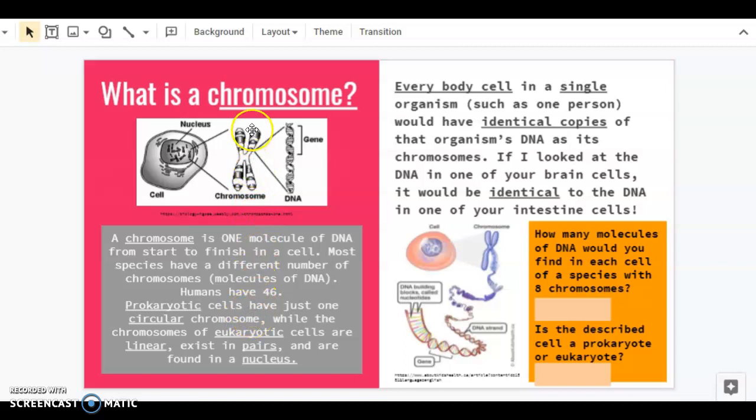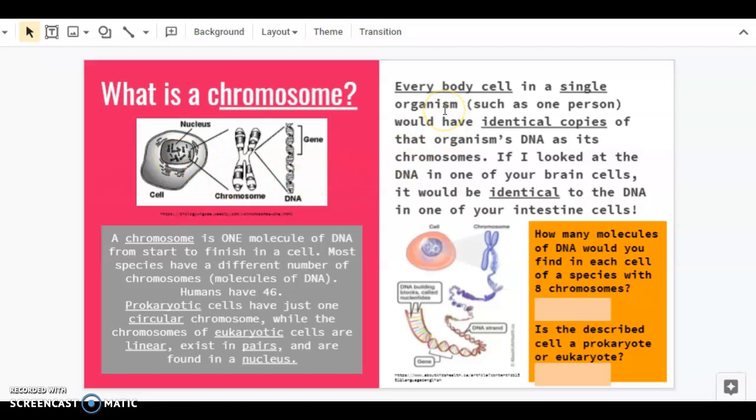Eukaryotic cells have this linear structure that you see, and our chromosomes exist in pairs because we got half of our chromosomes from our mom and half of our chromosomes from our dad. And our chromosomes, because we are eukaryotic, are found in the nucleus.